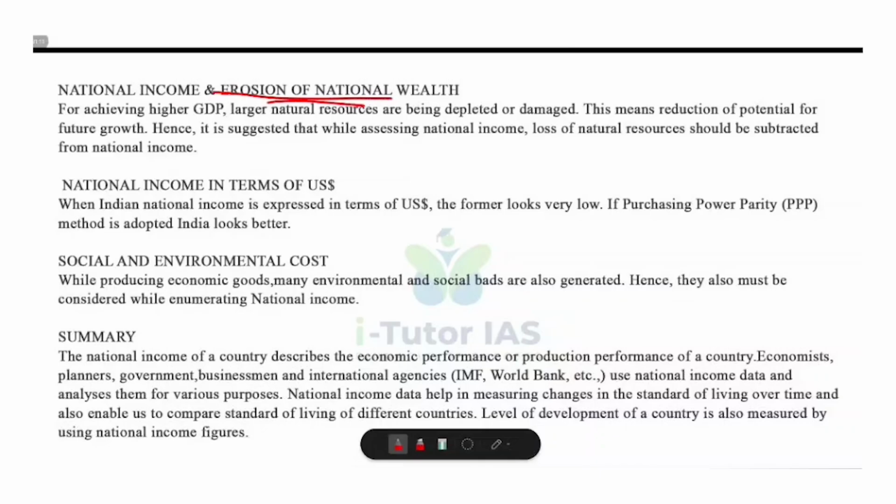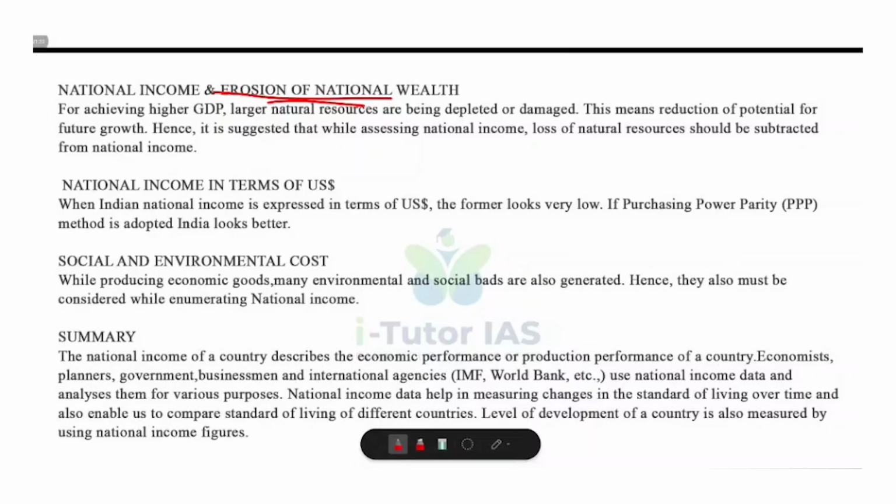So what does it mean? To increase GDP, countries often use up natural resources like forests, minerals, oil and clean water. This increases current production but reduces the resources available to the future. And the problem is that if you only look at GDP, it may overstate economic progress because the country is losing part of its wealth, that is natural resources.